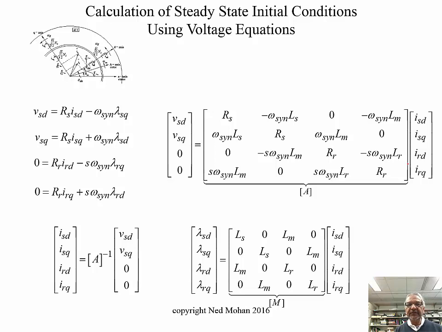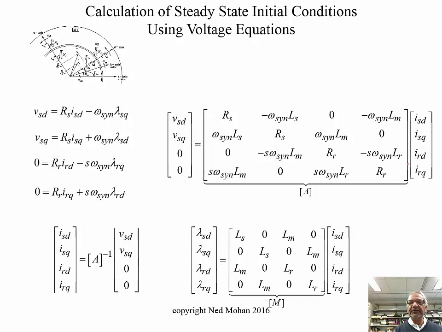Wouldn't it be nice to have this machine running in steady state from the get-go, rather than starting from a black start, a cold start, where there's no flux, no voltage applied, and then the machine comes to a steady state, and at a certain instant afterwards we apply a load torque disturbance? We can do that, but it might take a while to bring this machine to steady state. So, depending upon what problem you're solving, it may be nice to be able to calculate the steady state initial conditions.